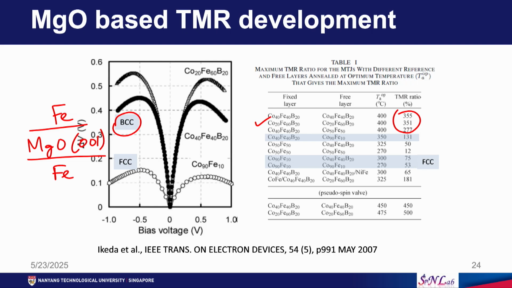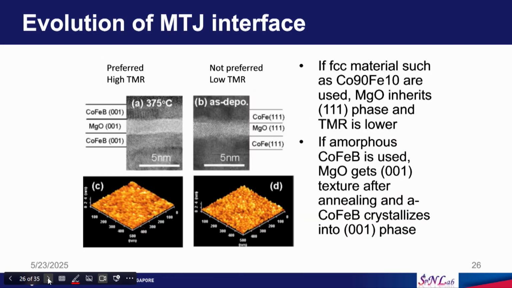Okay. So, when both sides have BCC structure, you will have high TMR. When at least one side has FCC, you will have low TMR. That is what is shown here. So, this is another demonstration of the effect of having magnesium oxide in 001 or in some other phase.